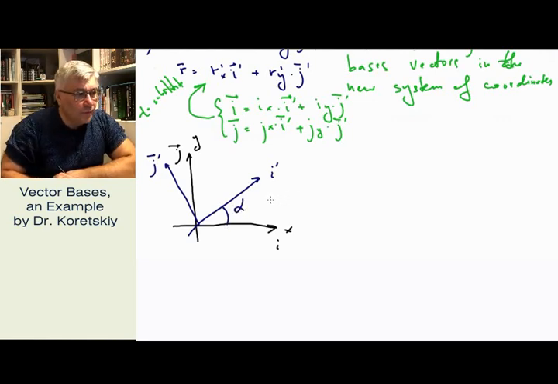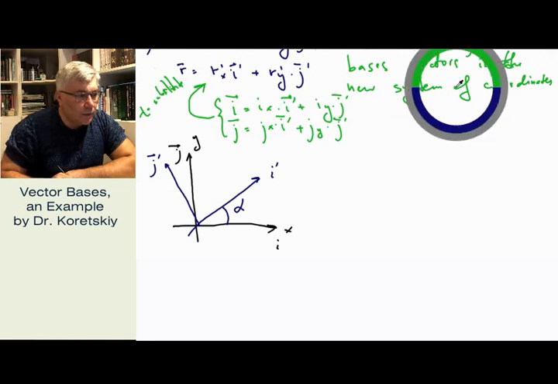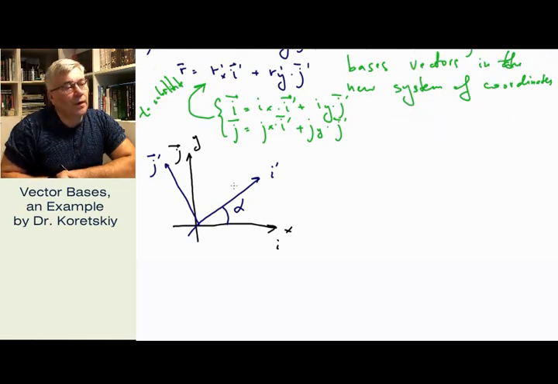So to define the components of i in the new coordinate system, I have to take its length and multiply by the projection.